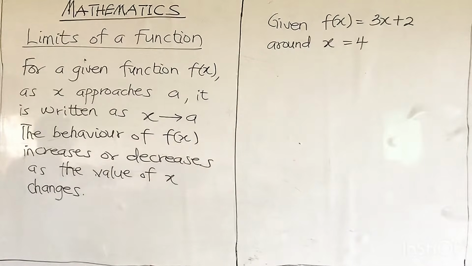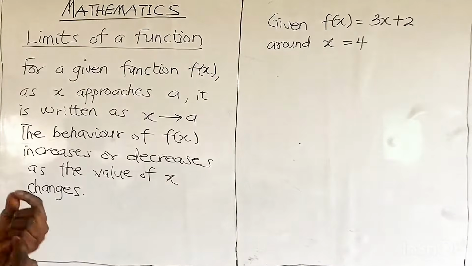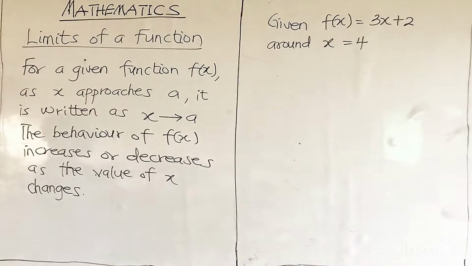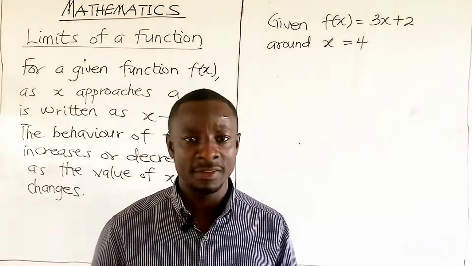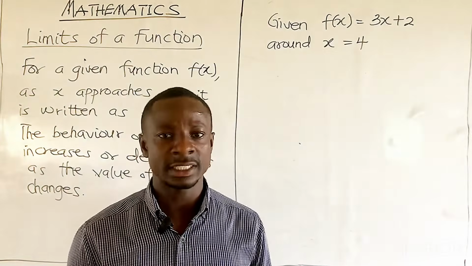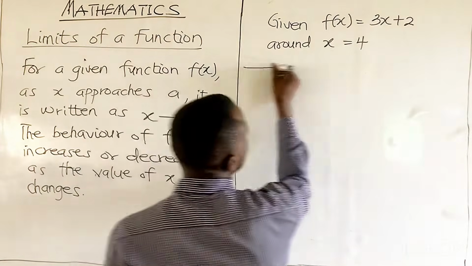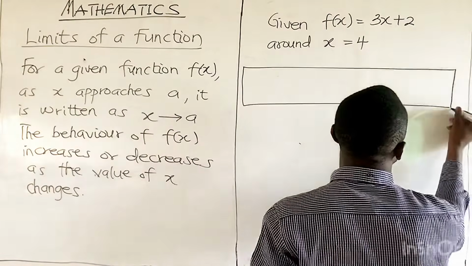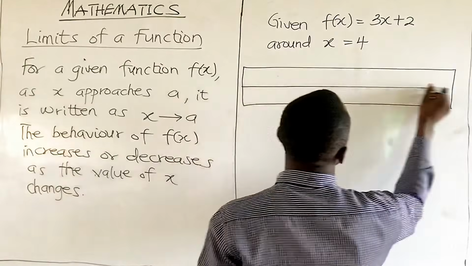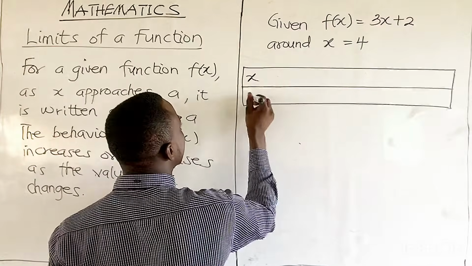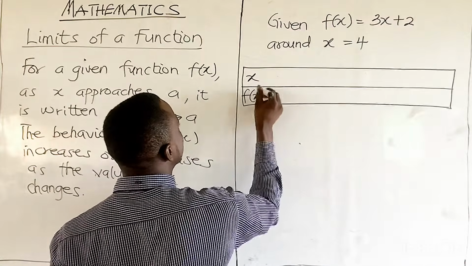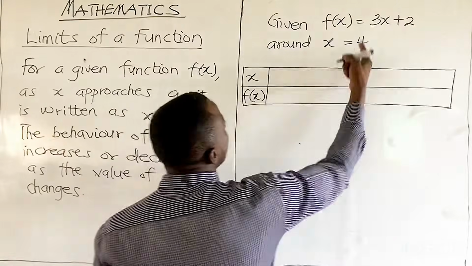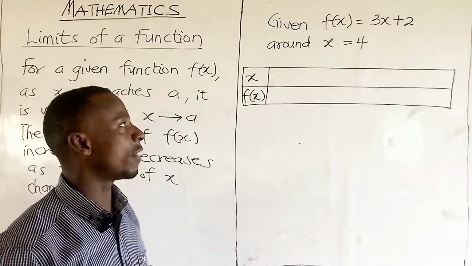As x approaches 4 or goes away from 4, we are going to look at the behavior of the function f of x. So let's have a table. We have x here, we have f of x here. The value of x is 4.